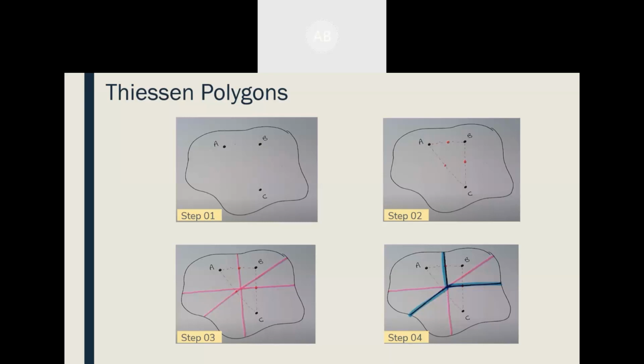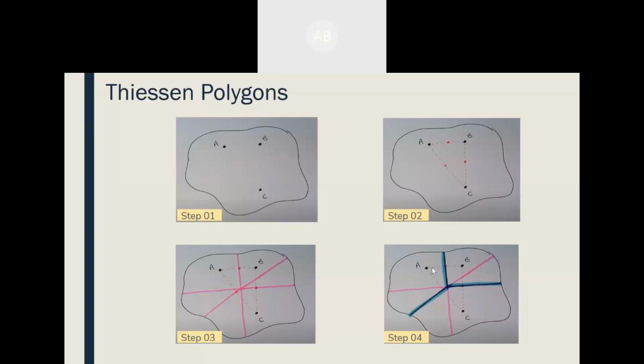That is shown in step 3. When you extend that to the outer edge of the polygon, it becomes easier for you to mark the dominant regions for the particular stations or points, either A, B, or C. How do you mark it? You just see it in step 4.